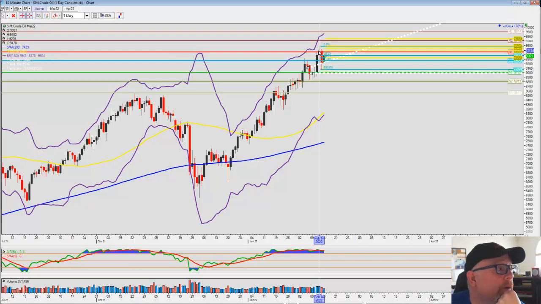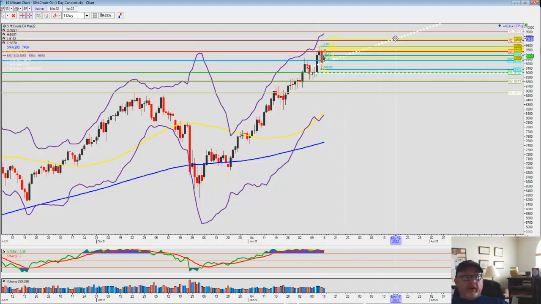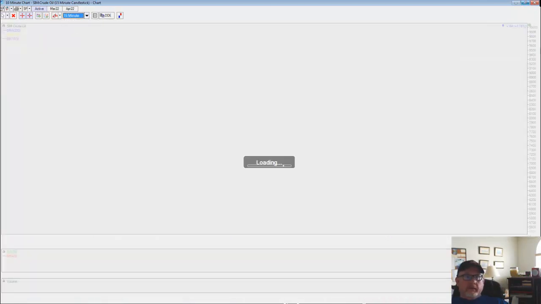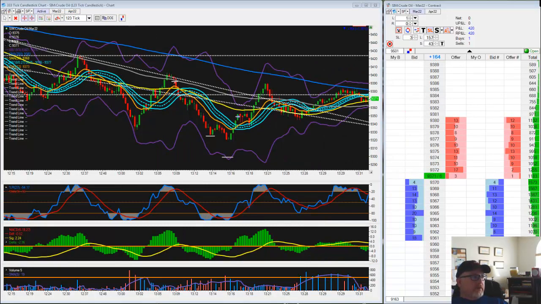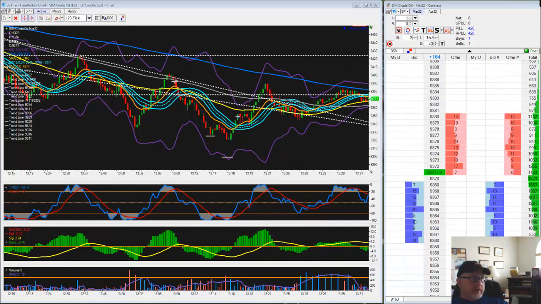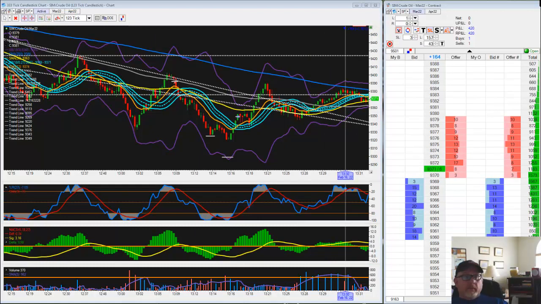So the high of this market was 95.82 right now. So will it get back to $100? Will it go there or will it not? I don't know. Nobody knows. Well, I'm sure some people do know. Me personally, no clue. Take what the market gives you, move on to the next trading day. That's what I like to do.